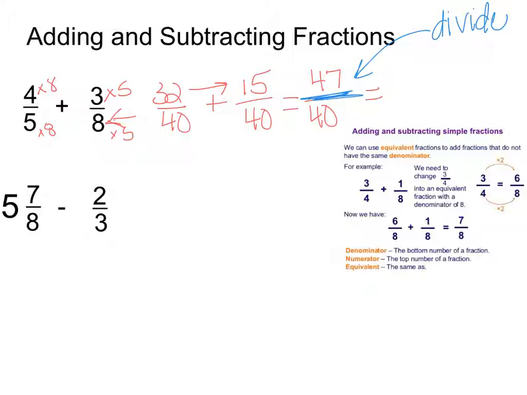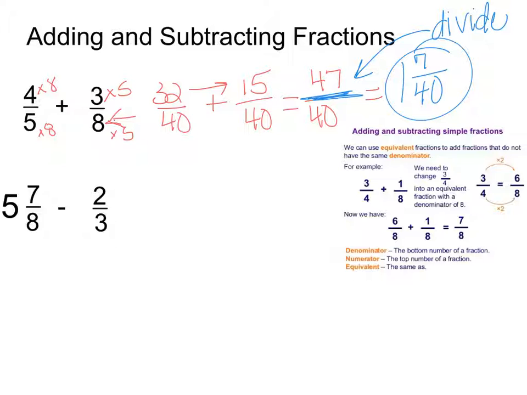So to get it into a mixed number, that's what I'm going to do. 47 divided by 40. How many times will 40 go into 47? One whole time. How many is left over? 7. And then I keep the same denominator. So 4/5 plus 3/8 is 1 and 7/40.